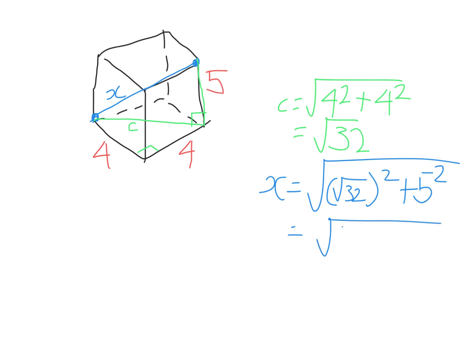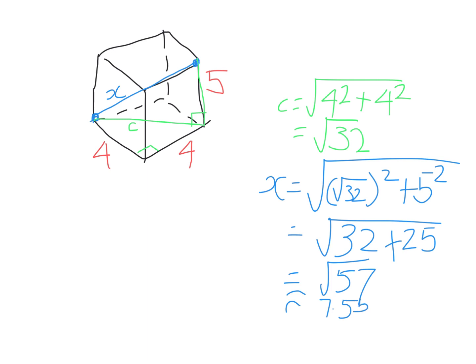X will be the square root of 32 plus 5 squared, which is 25. So the exact length here will be the square root of 57. And the approximate length here is about 7.55. And that is the distance from the bottom left corner to the top right corner of this rectangular prism.